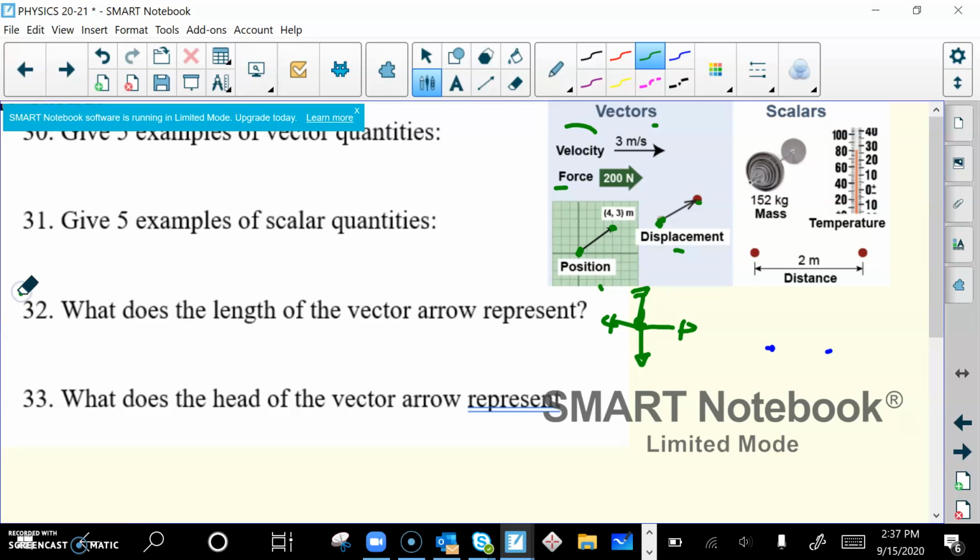We did 32, 33. I love to show you the hurricane maps or the wind maps of the world. And you know the length of it indicates the strength. You know the arrowhead indicates the direction of the wind. Okay, it could be a wind, it could be anything as long as it depicts the magnitude of the vector.